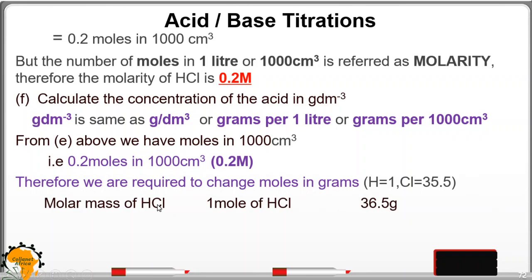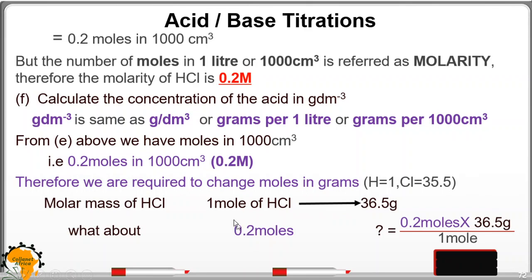We know the molar mass of HCl is 36.5 after addition of the relative atomic masses. So now what about 0.2 moles? We place our 0.2 on the mole side and do a cross multiplication, 0.2 times 36.5 divided by 1 mole. The moles cancel to get a value of 7.3 grams per decimeter cubed. So that is the concentration in grams per decimeter cubed.